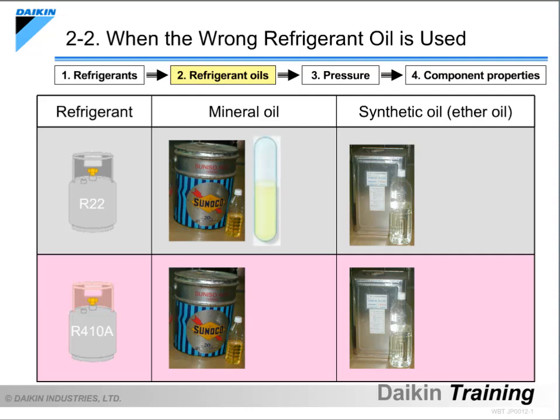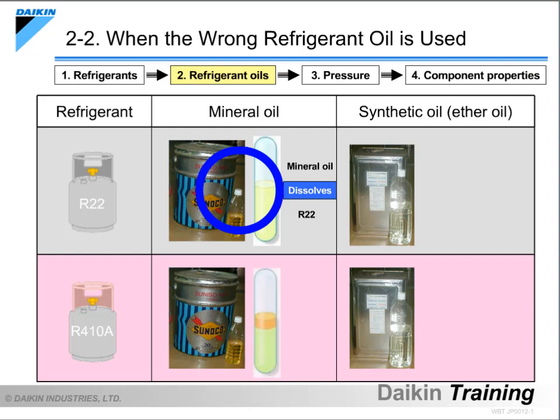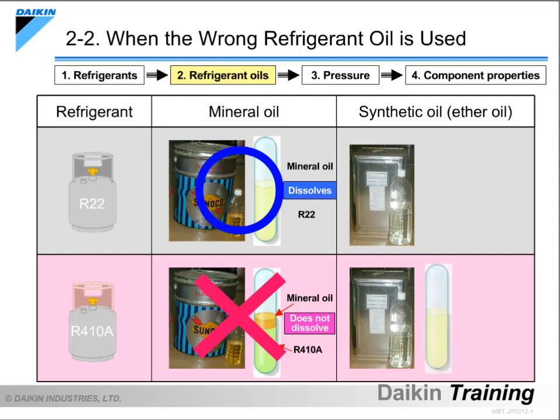Mineral oil dissolves in R22 and there are no problems. But it does not dissolve well in R410A and becomes an impurity in the refrigerant. Synthetic oil dissolves well in R410A and must therefore always be used when R410A is involved.